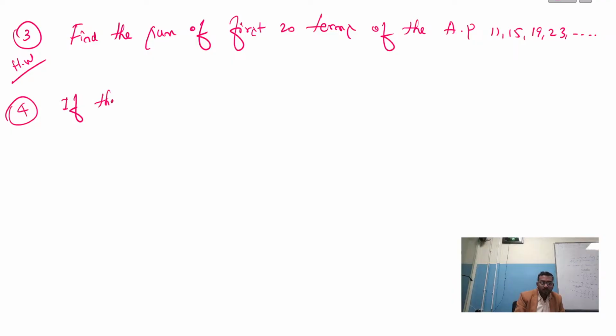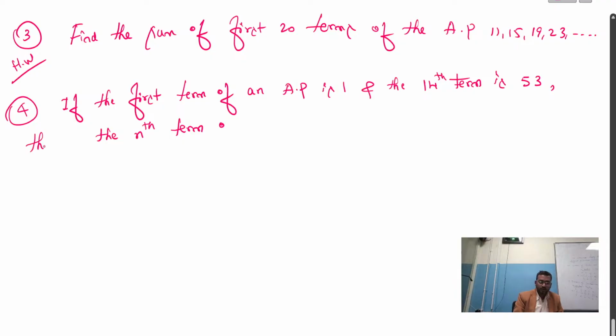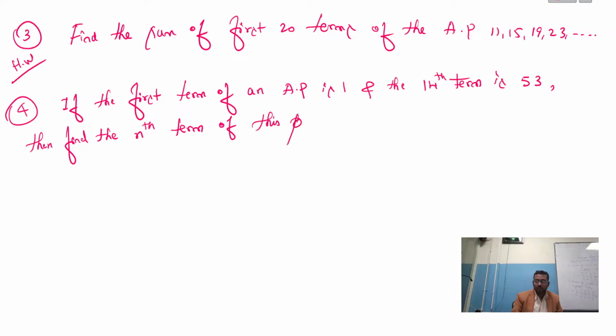If the first term of an AP is 1 and the 14th term is 53, then find the nth term of this progression.